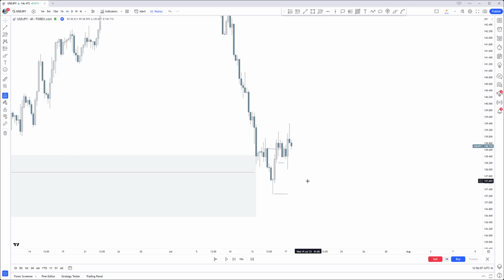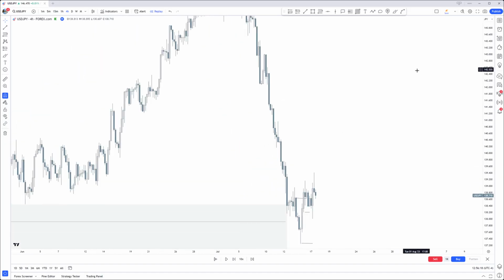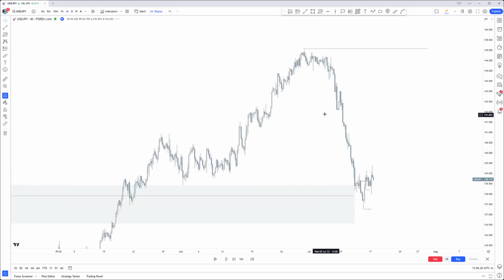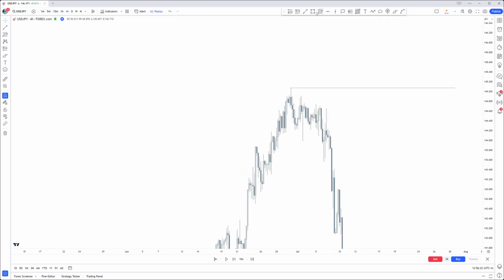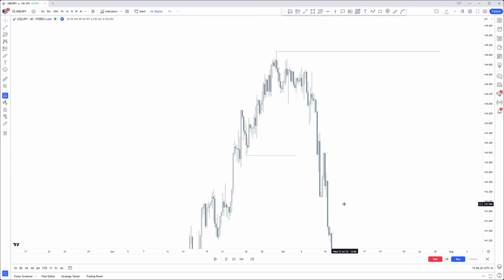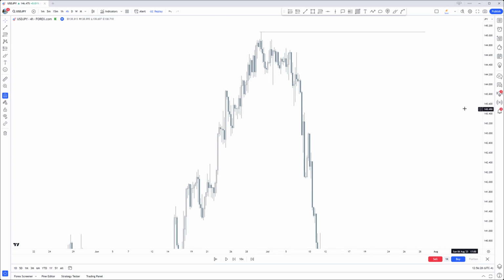We always want to be looking at trading with the higher time frame order flow in our favor. Now, again, that is where combining the time frames comes in, because 4-hour order flow was also bullish here. But when we have a huge move down like this, we can trade this.